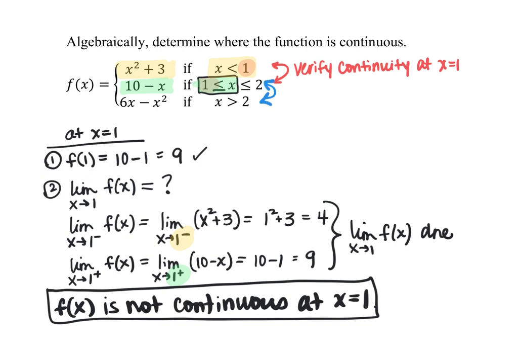And we need to double check that these 2 functions meet up and are continuous at 2. So in other words, we now need to verify continuity at 2. So we're essentially going to repeat this process that we just did for x equals 1. We're just going to do it again, but for x equals 2.